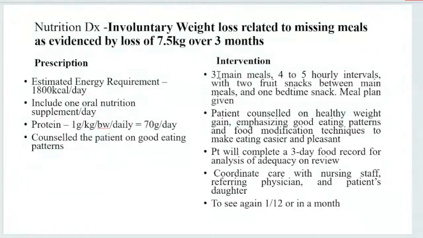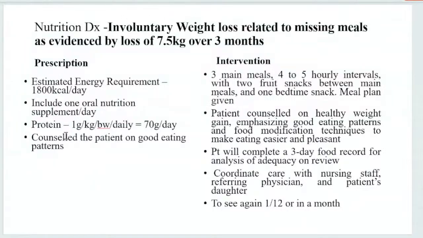So then our root cause is the missing of the meal. So then every intervention is going to relate to how the person is moving forward, will not miss meals like that. So we have taken our history and everything.